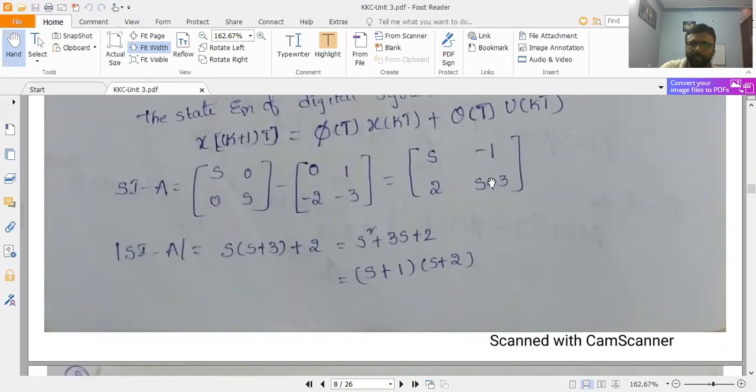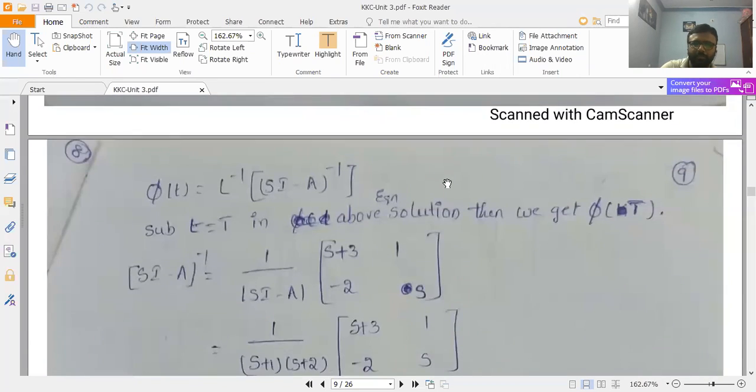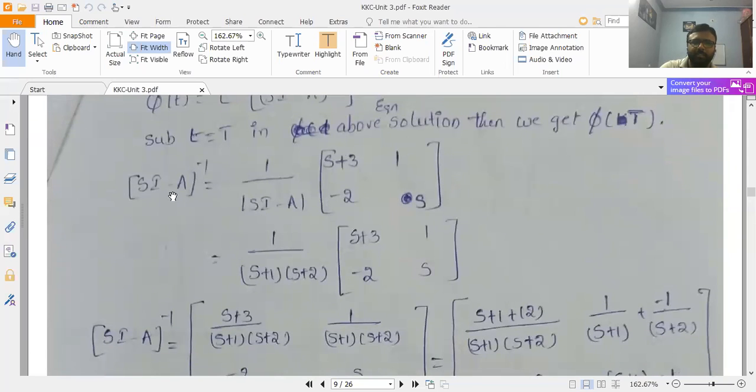In order to find the inverse of this particular matrix, 1 divided by the modulus of sI minus A, these two variables are going to be interchanged, and the signs of these two variables are going to be changed. So the inverse of sI minus A is 1 divided by the modulus of sI minus A into [S+3, 1; -2, S], where the signs of these two are changed.